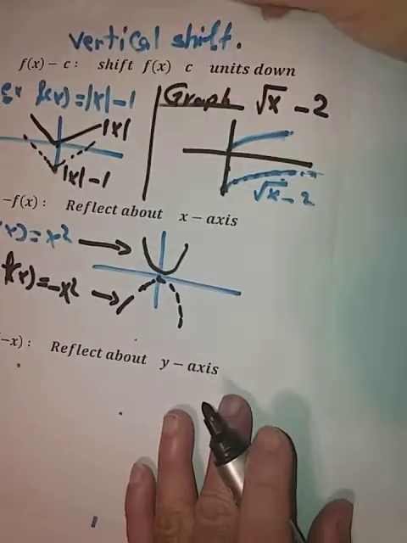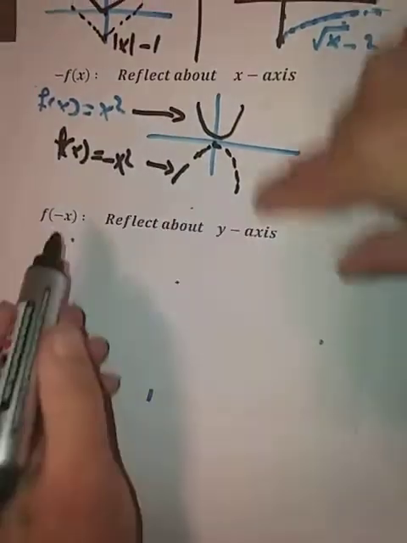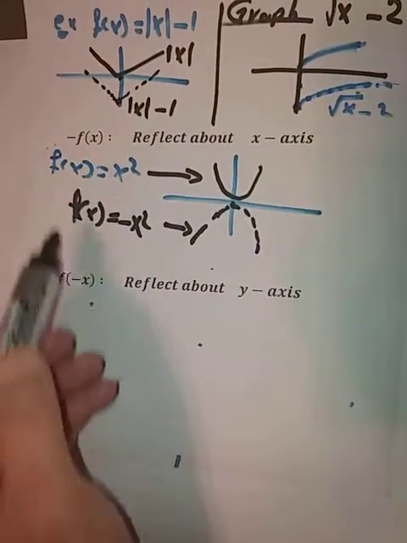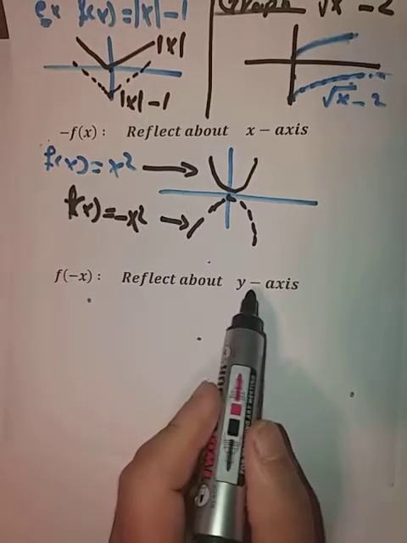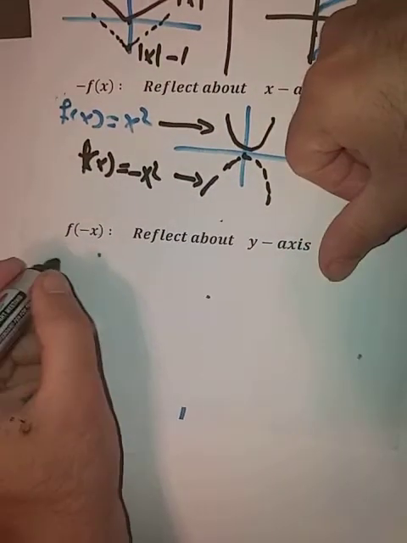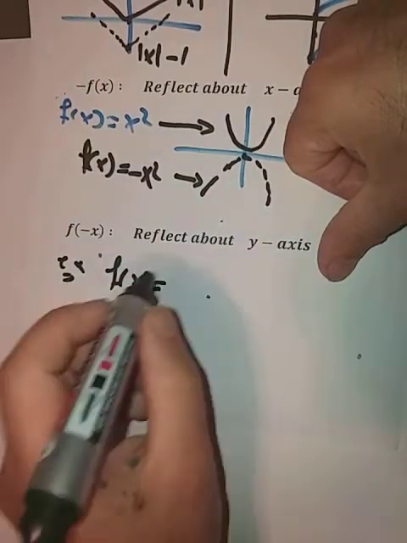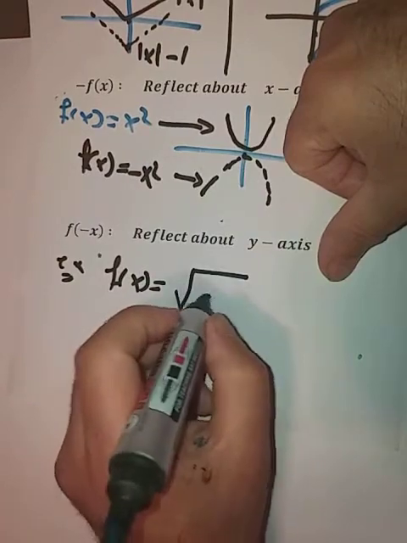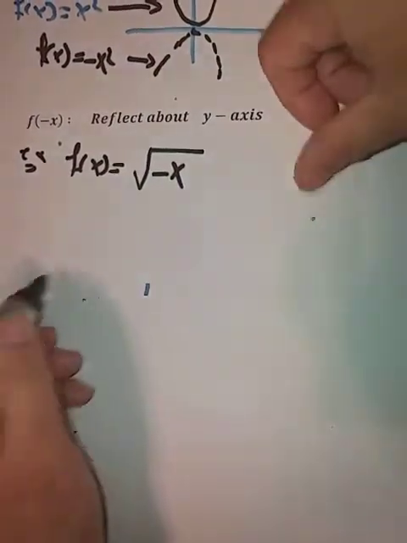Same thing if you have absolute or radical. Now, what if the negative inside the bracket, then reflect about y-axis. Example, if you have f of x is equal to radical minus x. What's the graph of radical minus x?